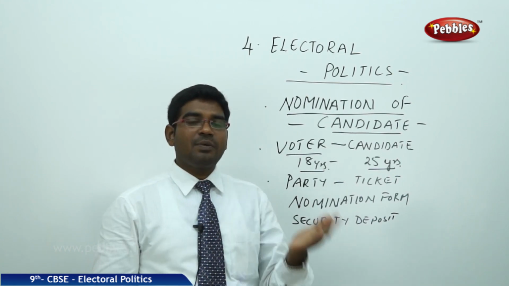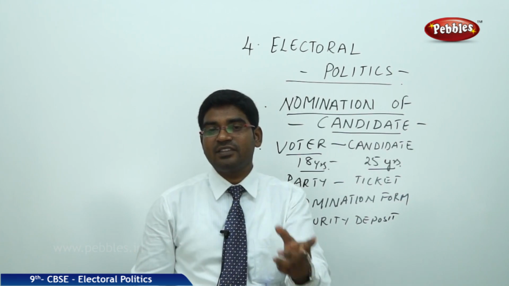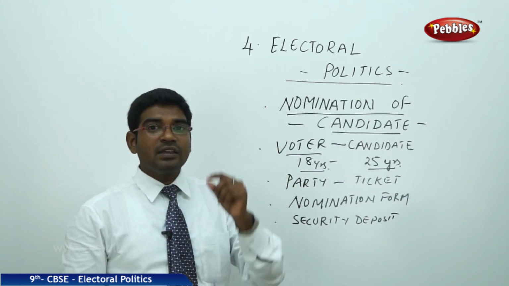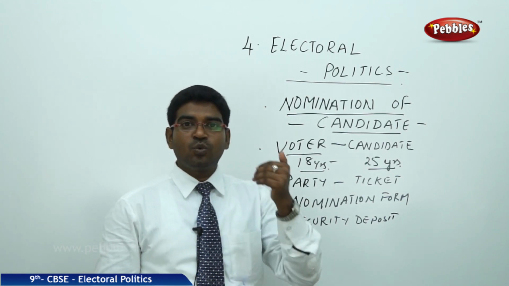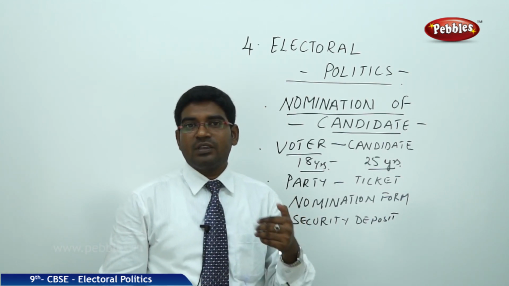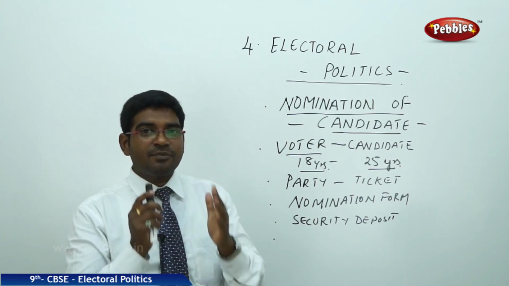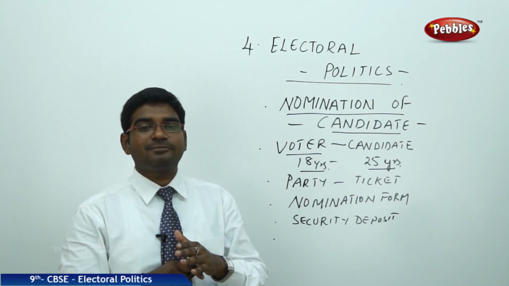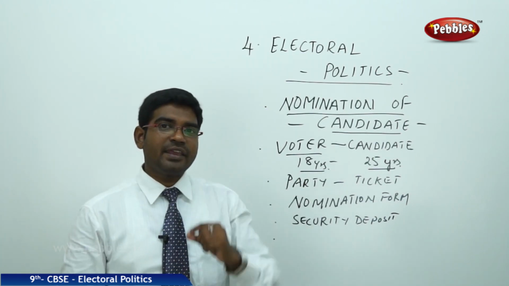If any political party is extending their support to a candidate, the candidate has to subscribe the voters towards the party symbol. The Election Commission has the major responsibility here. If a party is putting up a candidate, the party symbol automatically goes to that particular candidate.